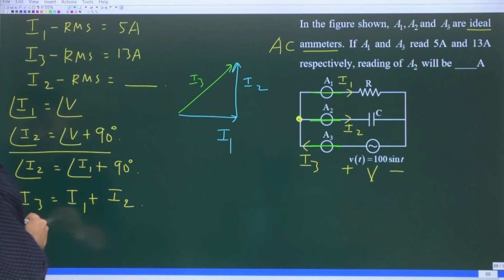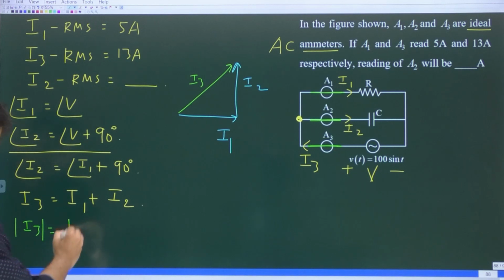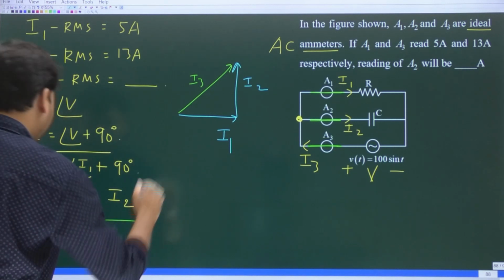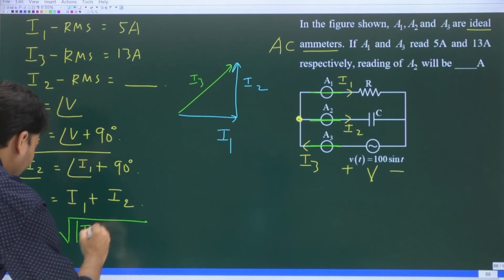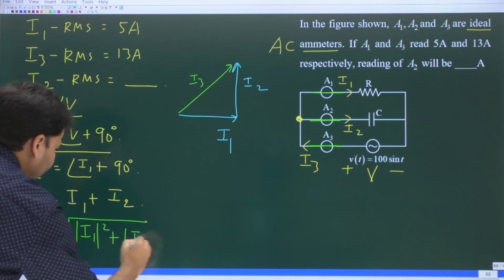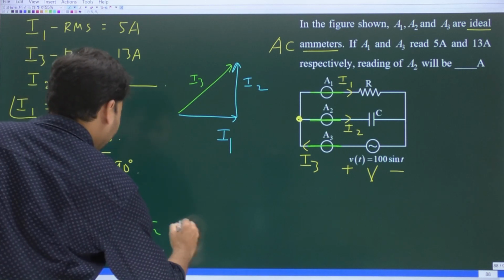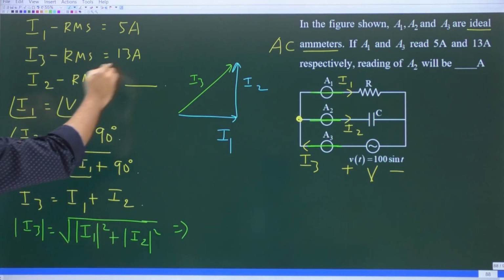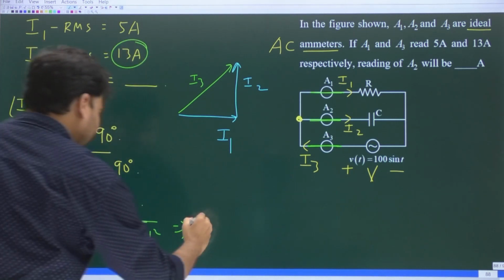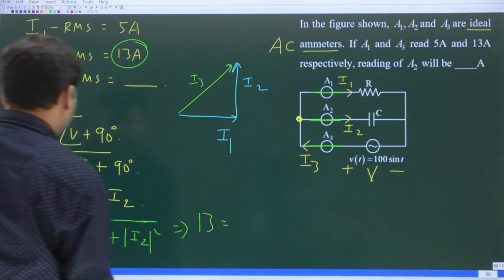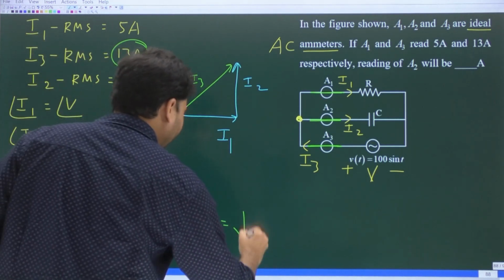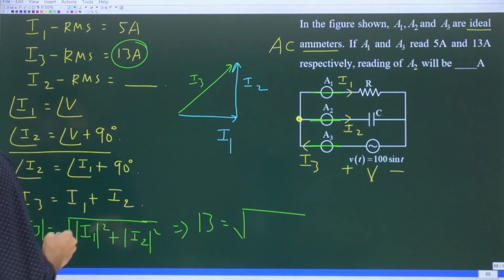Yes. And you know, mod I3, what is it? Mod I3, will it not be equal to square root of mod I1 square plus mod I2 square? Yes. Now already we know mod I3. What is mod I3? It is 13. So in place of mod I3, let me write 13 is equal to square root of mod I1 square.